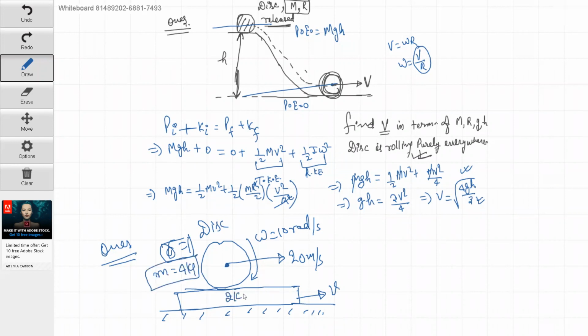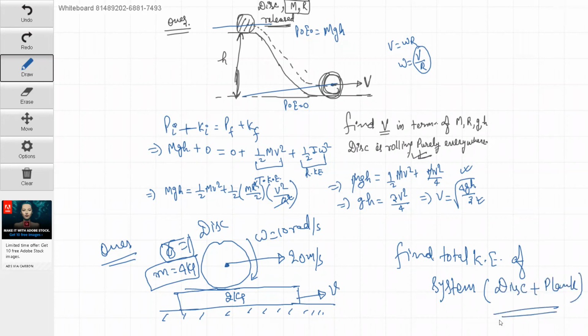The mass of the plank is 2 kg. Find the total kinetic energy of the system. System means disk plus plank. Is this okay? Do it fast.